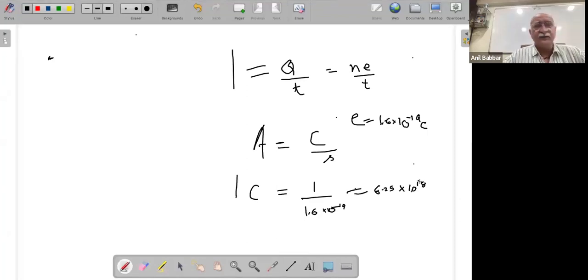That's the number of electrons which are flowing per second to give 1 ampere of current.